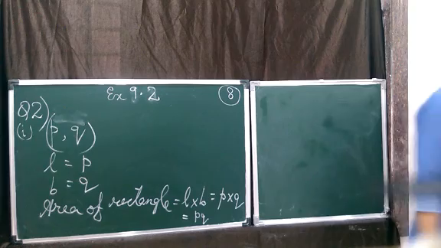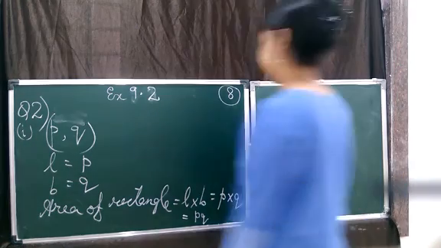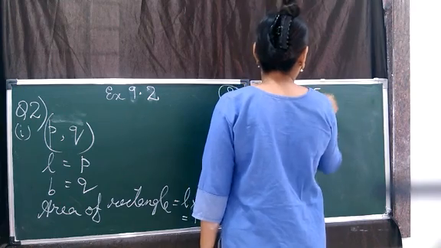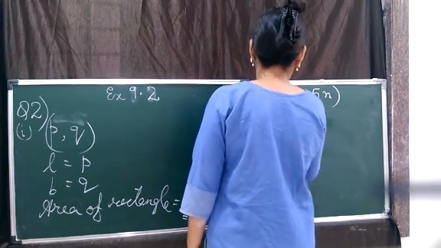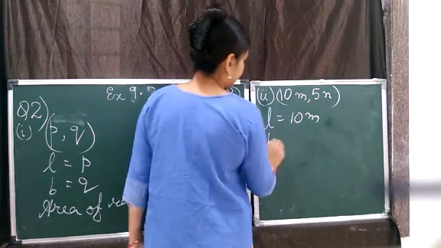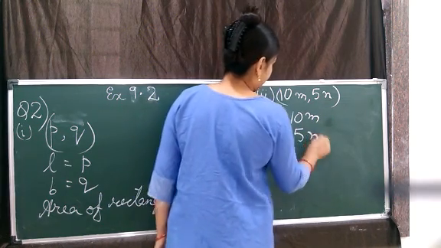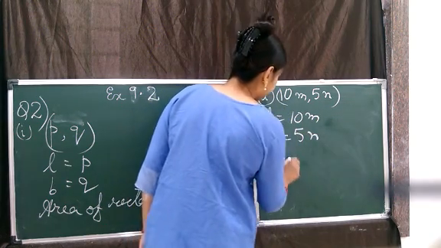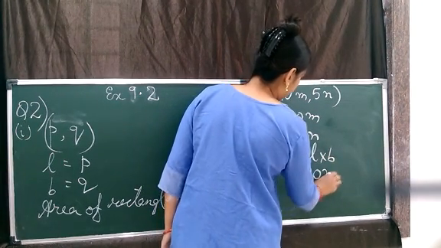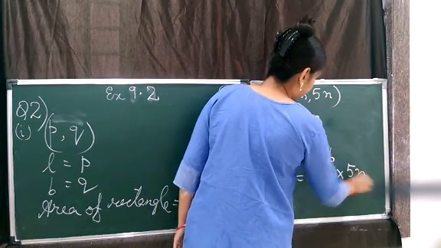Then 10m and 5n. So, what is the length here? What is the breadth here? What should be the area? Length into breadth, that is 10m into 5n.